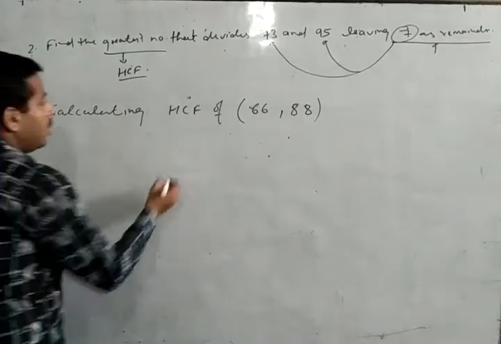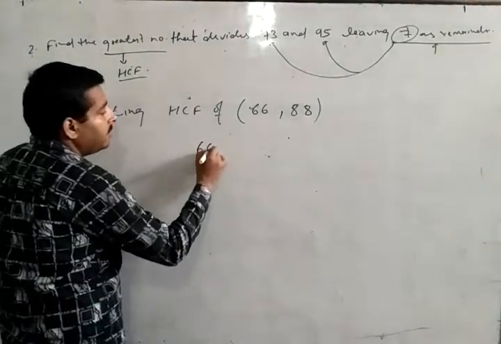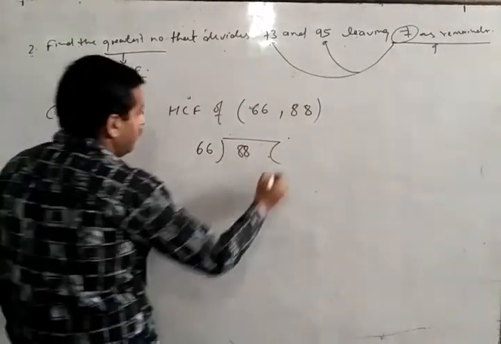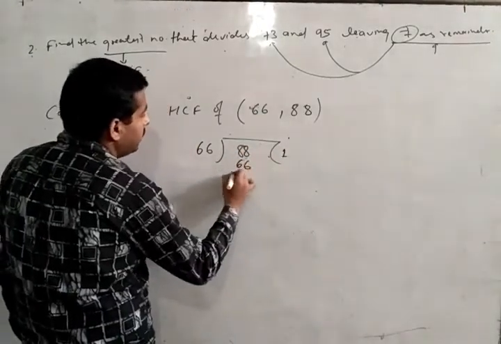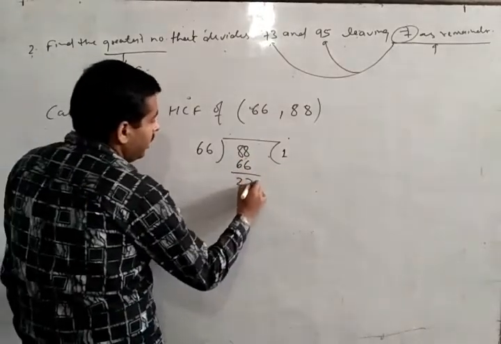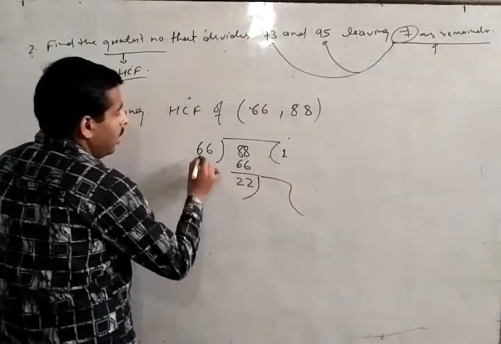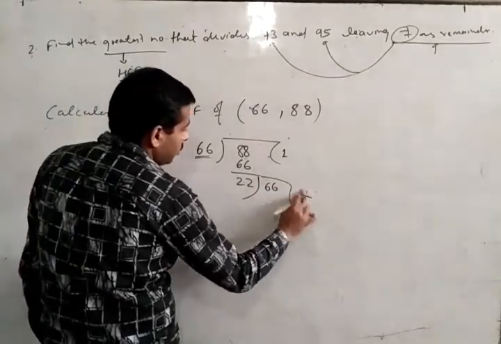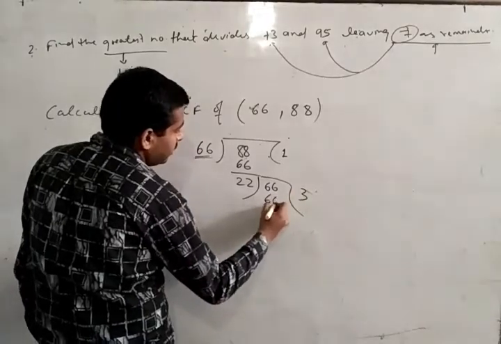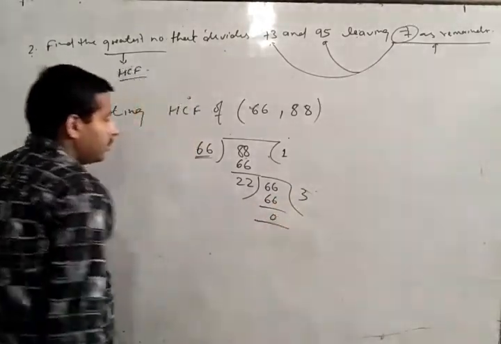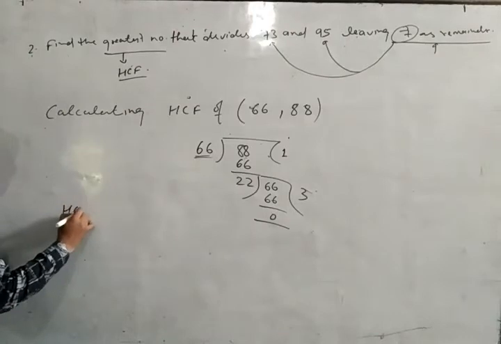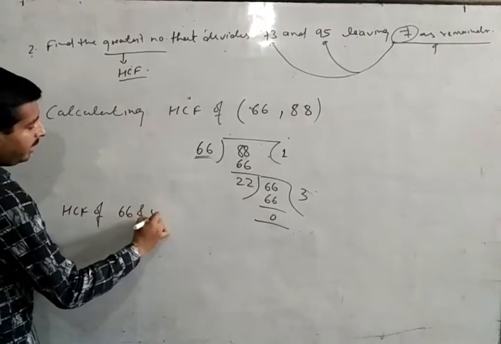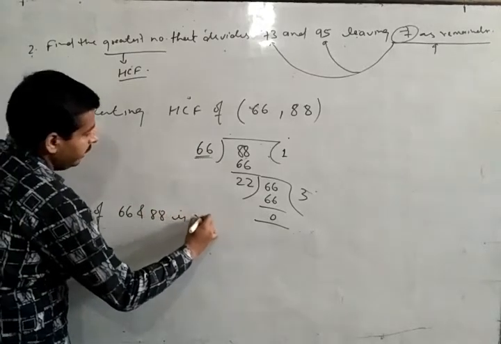So we will divide 88 by 66. It will go 1 time, which gives you 66. Remainder is 22. Now dividing 66 by 22, 22 3s are 66, gives you remainder 0, means HCF of 66 and 88 is 22.